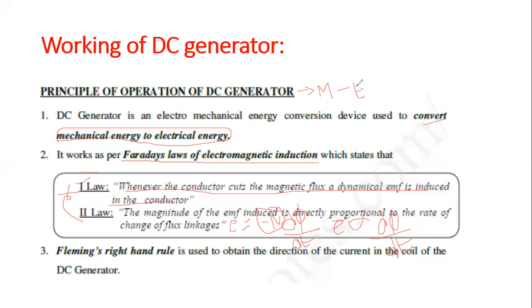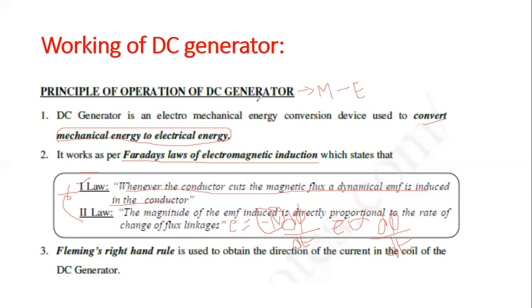We already see various generators in household purposes and in daily life. What is the main function of that generator in the household? When we give any mechanical energy, like petrol or diesel, it is converted into electrical energy.